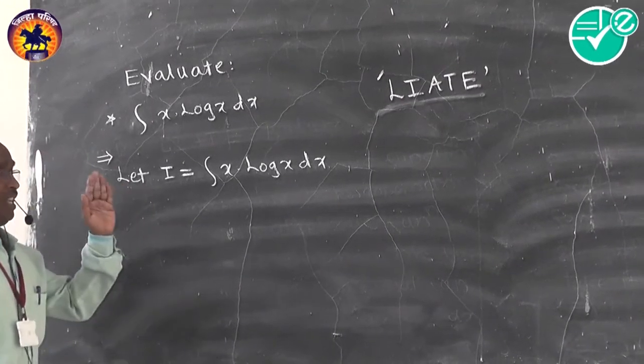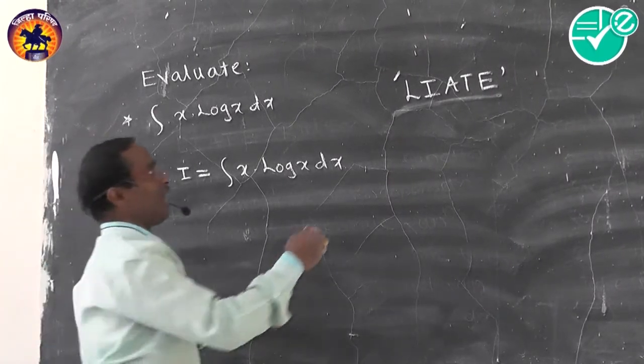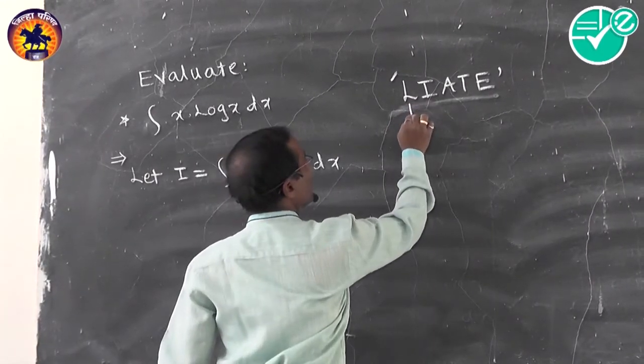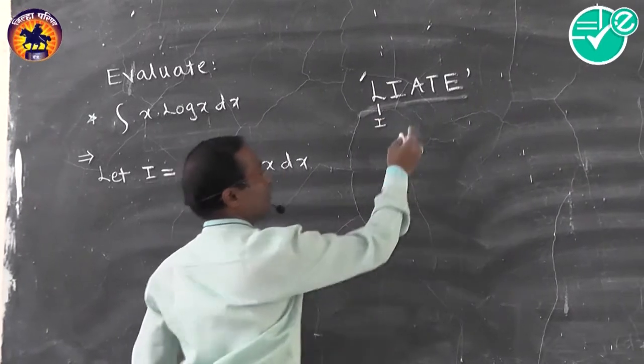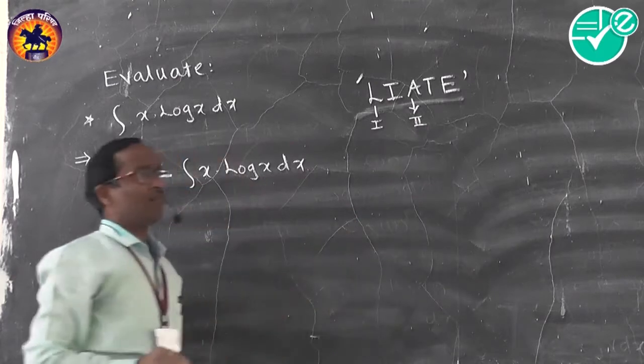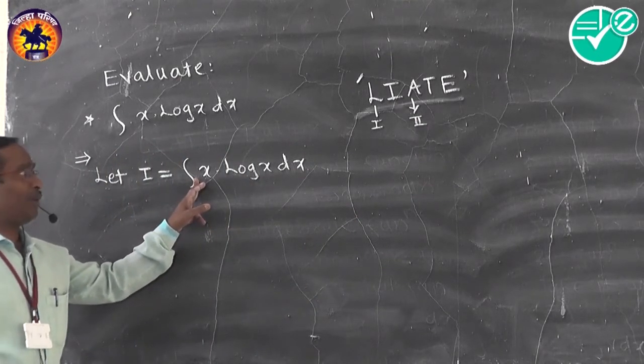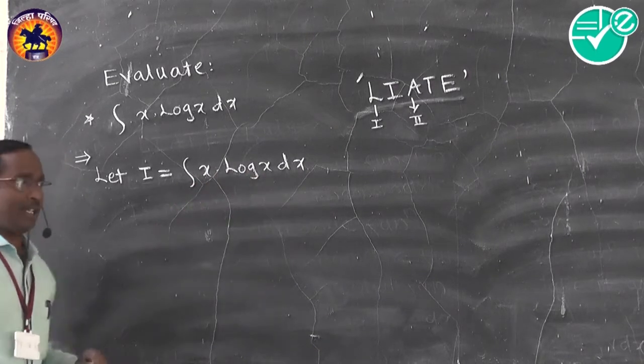In the word LIATE, the first is the logarithmic function and the second is the algebraic function, meaning the first function we take is the logarithmic function and the second function we take is the algebraic function. So here the first function is log x, and the second function is x, an algebraic function.